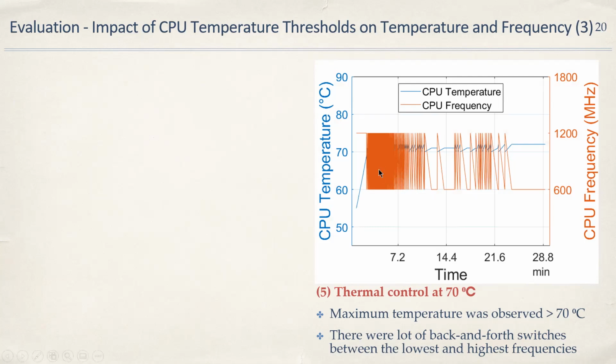And whenever the temperature becomes less than 70, it is clocked back to the highest frequency again. Then, in the highest frequency, the temperature will increase again, and the same cycle will go on.